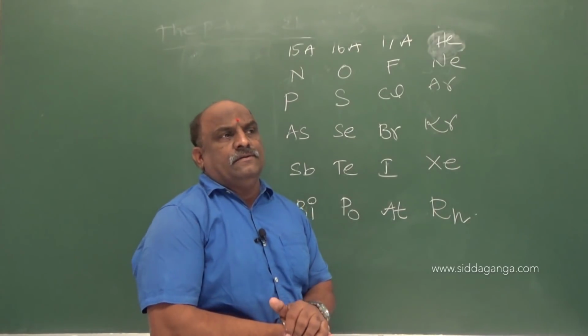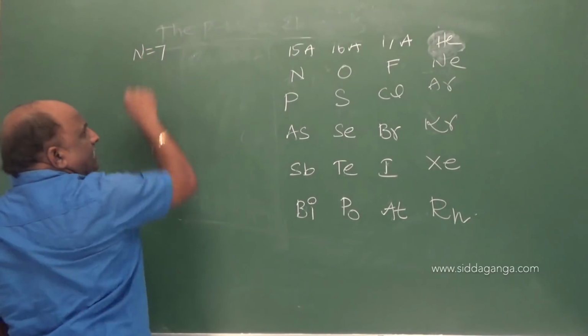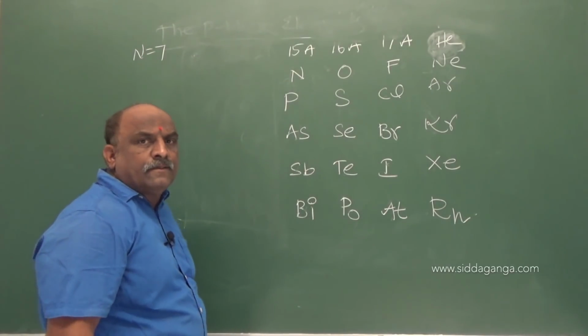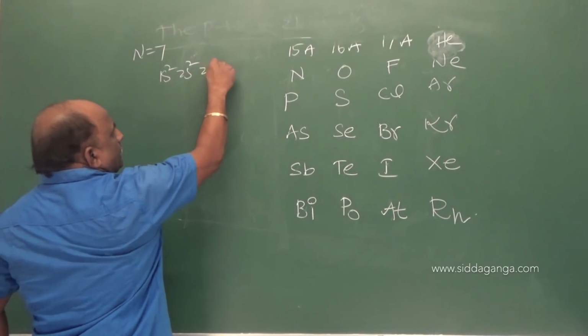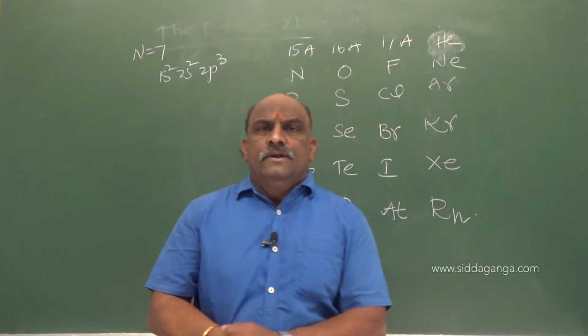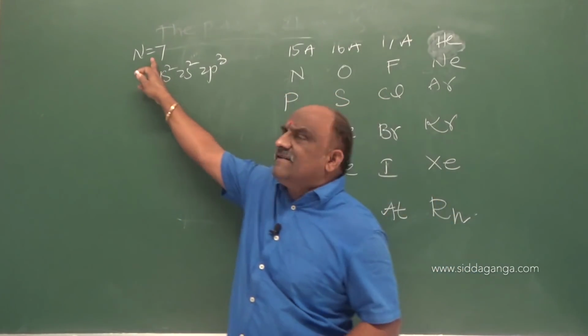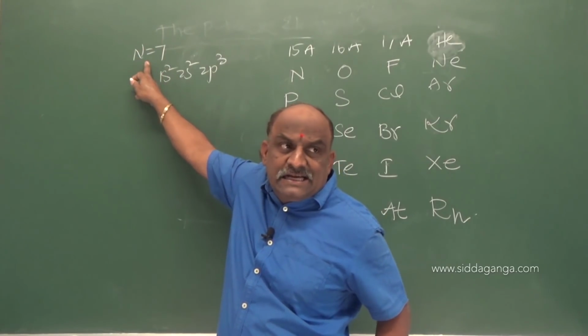Let us consider nitrogen. All of you know that the nitrogen atomic number is 7. Configuration 1s2, 2s2, 2p3. Atomic number 7 stands for 7 protons and 7 electrons.